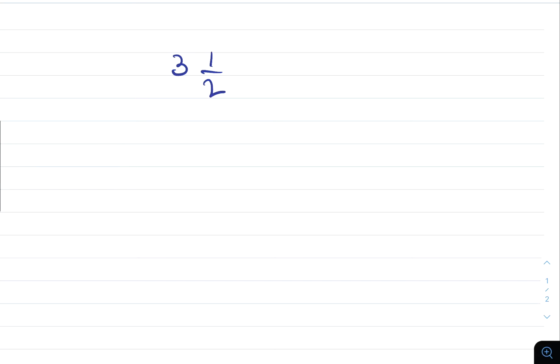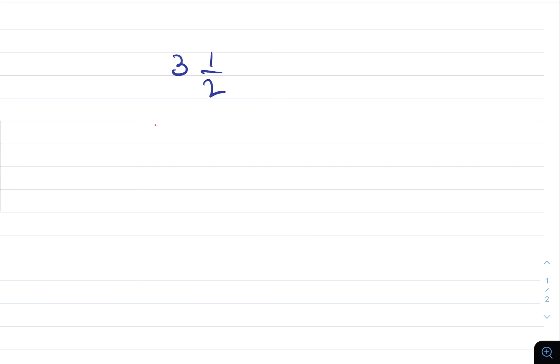If we are asked to take this mixed number and make it an improper fraction, let's look at those steps we're going to take. First, we are going to multiply the denominator of the fraction by the whole number. Okay, so 2 is my denominator, 3 is my whole number.